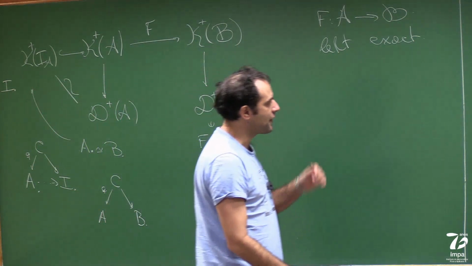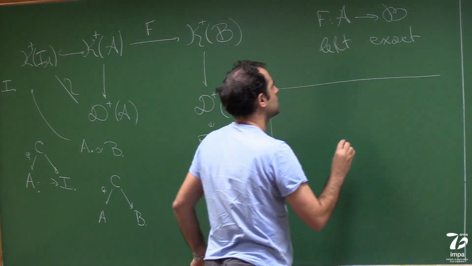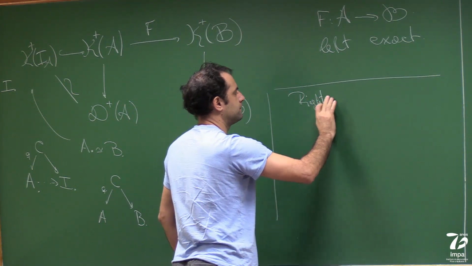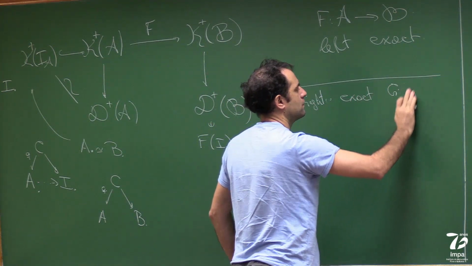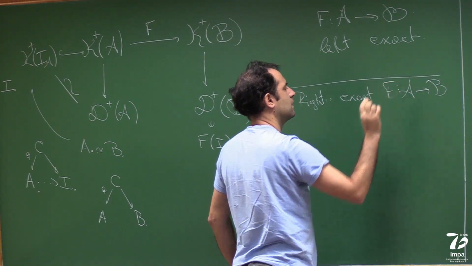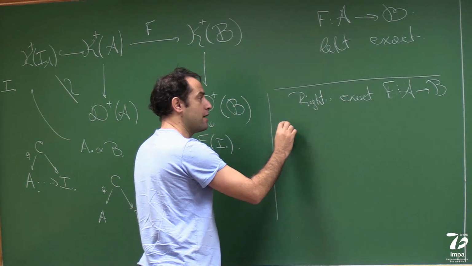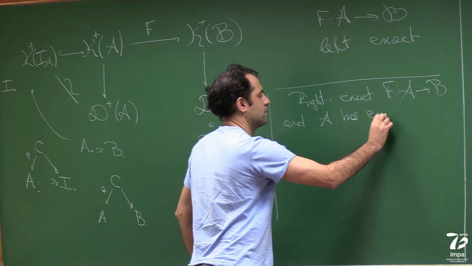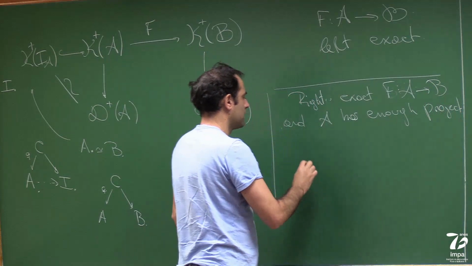Well, of course, if I had the same thing with enough projectives, so if I have a right exact functor G, say, between A and B. Well, actually, let's keep using F because I was using G as an adjoint to F. And enough projectives, then same thing.